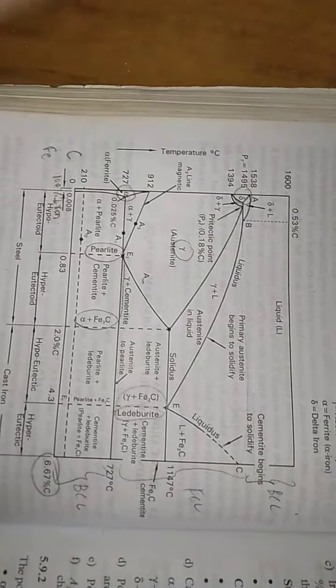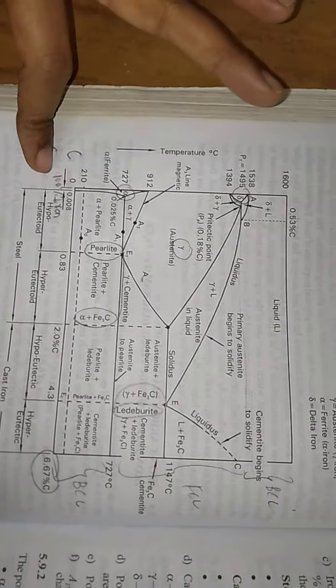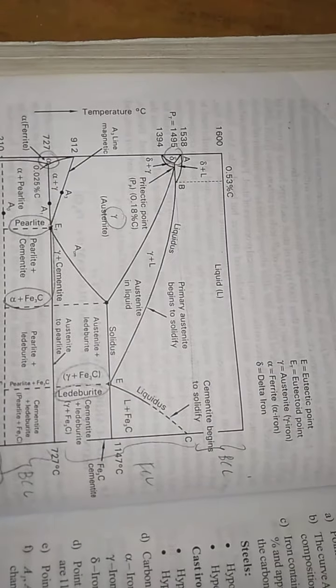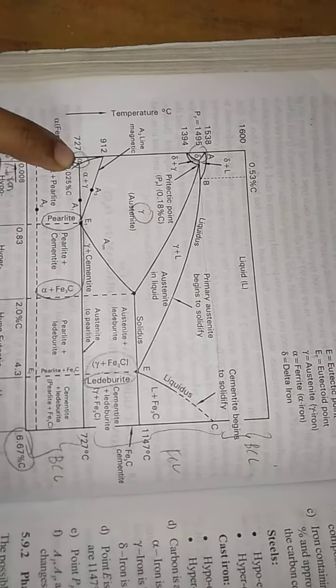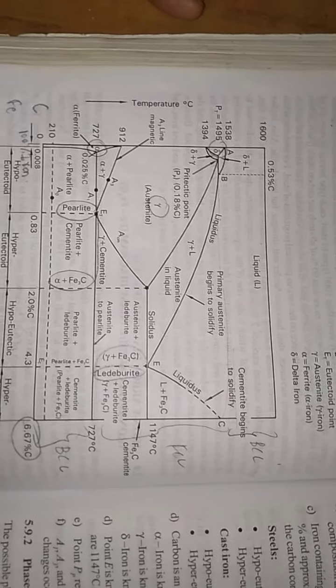So this is observed only at higher temperatures, 912 to 1394 degrees Celsius. You cannot see this phase below that. Okay. So it is unstable and it will gain the stability only beyond 727. Now higher temperature means you cannot see this phase again at 600 or 500 degrees Celsius. You can see this phase only above 727 degrees Celsius. Okay. So basically this phase happens to be at higher temperatures.